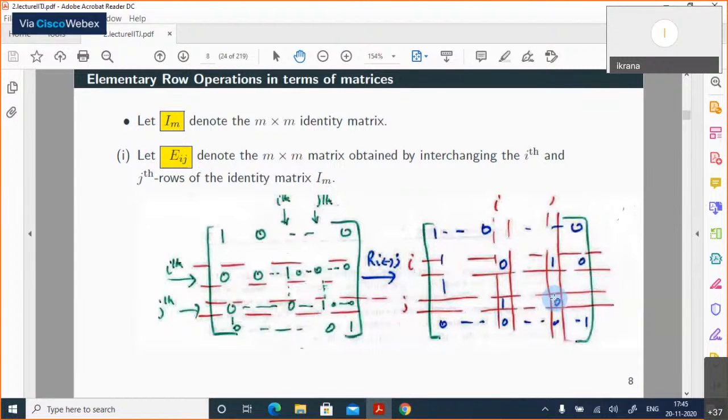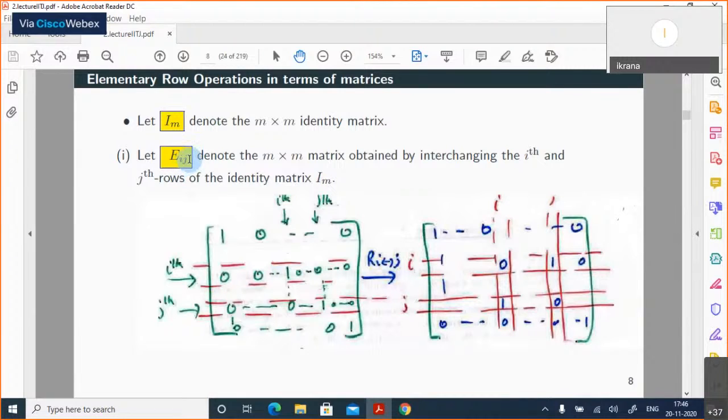Basically we are doing the row operation on the identity matrix, and we get a new matrix that we denote by Eij. We call this matrix an elementary matrix, and the subscripts i and j indicate that it is obtained from the identity matrix by interchange of the ith row with the jth row.